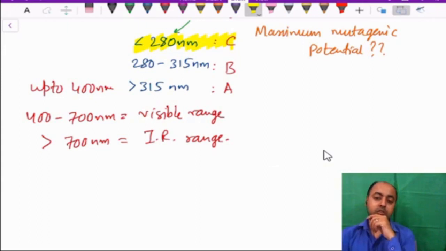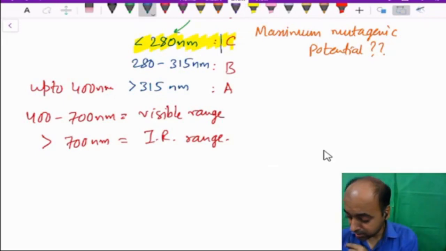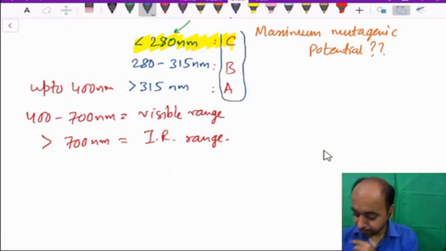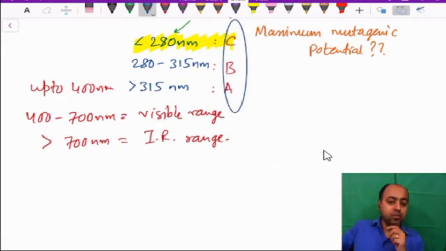Which fragment of the UV light in the sunlight has the maximum mutagenic potential? Same three options. What is the answer?